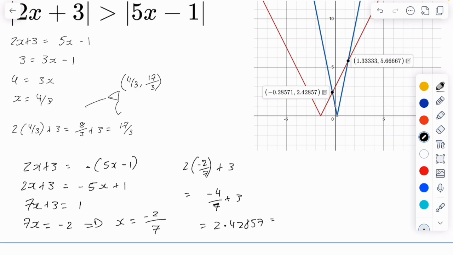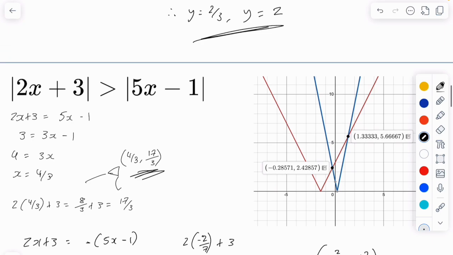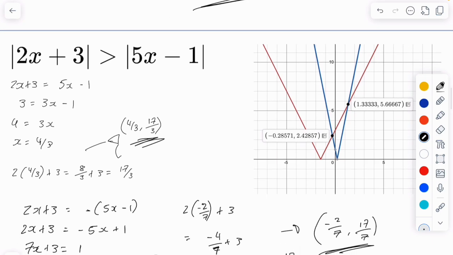That's the same thing as saying 17 over 7. So we've got this, and we also got this as your final answers. Same process, nothing special, just a little bit more of tricky numbers involved, but nothing else.